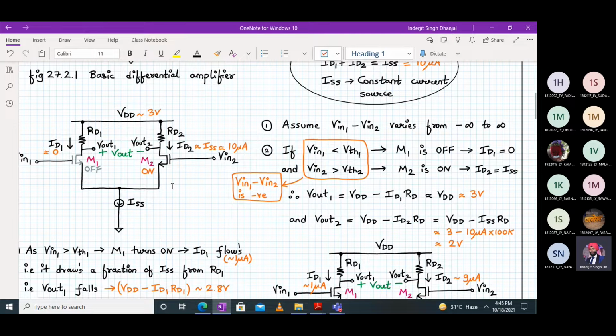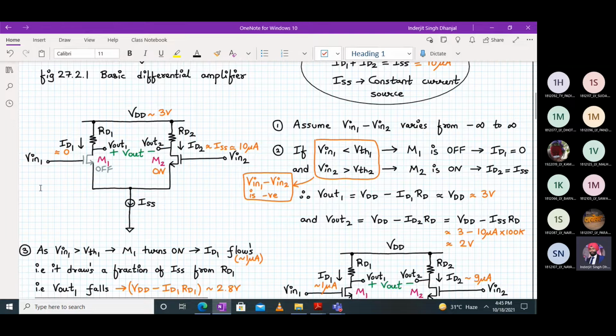Whenever my VGS is smaller than my threshold voltage, I can say that particular MOSFET is off. So here Vin1 is less than VTH1 and Vin2 is greater than VTH2. So M1 transistor is off and my M2 transistor is on. Whenever M1 is off, my ID1 will be 0.